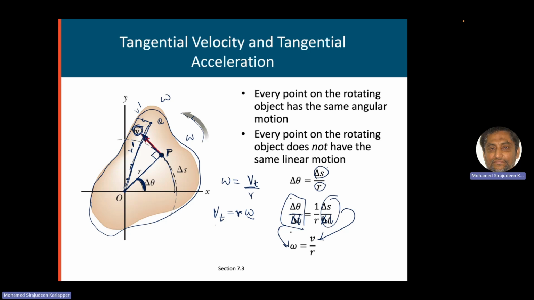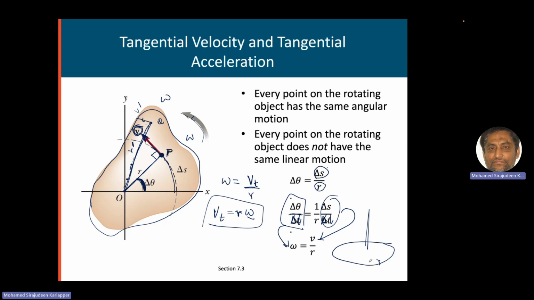Maybe if you have ridden on a merry-go-round, you know what a merry-go-round is, right? A horizontal rotating platform where small children play. If you are near the axis, you are moving slowly. If you are near the rim, you are moving faster. You can explain this using this equation, because the tangential speed is what you feel as the speed.